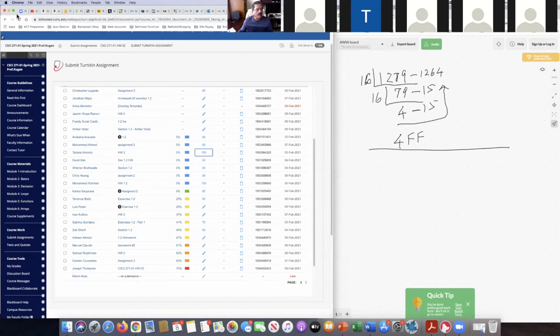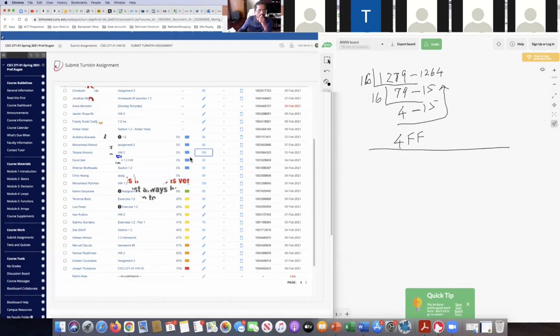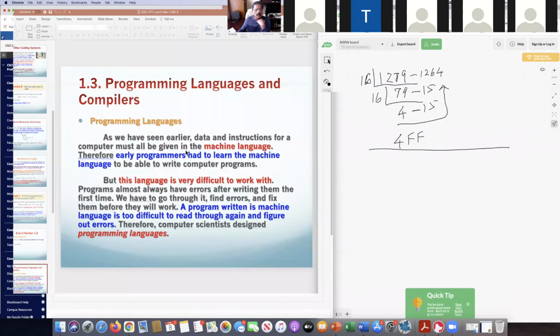All right, so I'm going to close that one and go on to our topic, programming languages and compilers. Professor, your screen is not showing the slides. What do you mean? You cannot see my screen? I can't see your slides. Yeah, I can see it now.